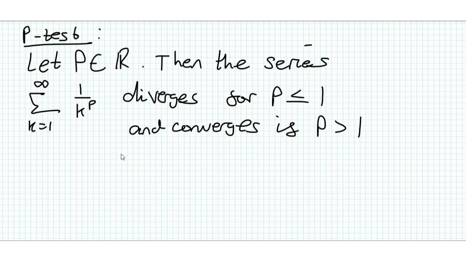Okay, so that's the test, and so all you have to do is look at the value of p. If p is less than or equal to 1, we get a divergent series, and if p is greater than 1, we get a convergent series.